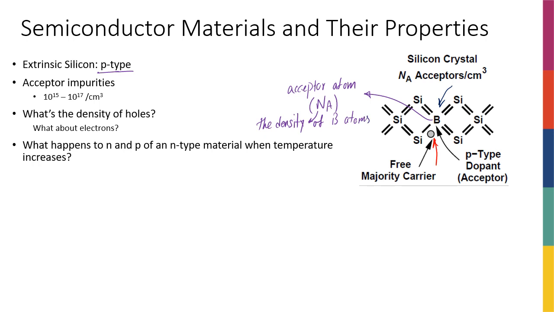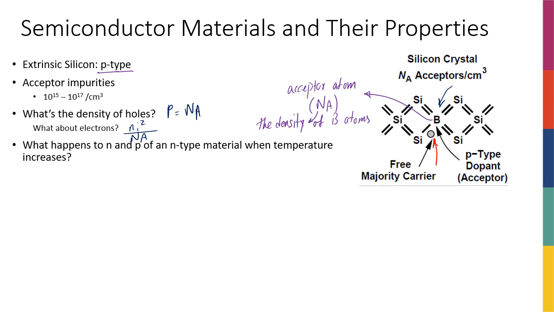Okay, and you can imagine that the density of holes in these crystals is going to be more or less equal to Na, and the density of electrons is going to be Ni squared divided by Na. Okay, or well, Na being P, right? So the density of holes, P, is equal to Na. Therefore, the number of electrons is going to be Ni squared over Na.